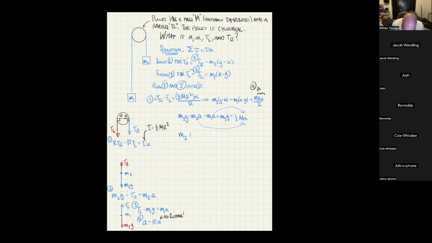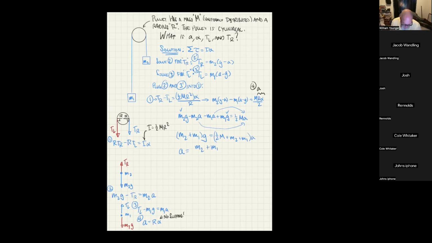So M2 plus M1 times G, that takes care of that guy and that guy, is equal to 1/2 M plus M2 plus M1, all of that times A. So I get A is equal to M2 plus M1.